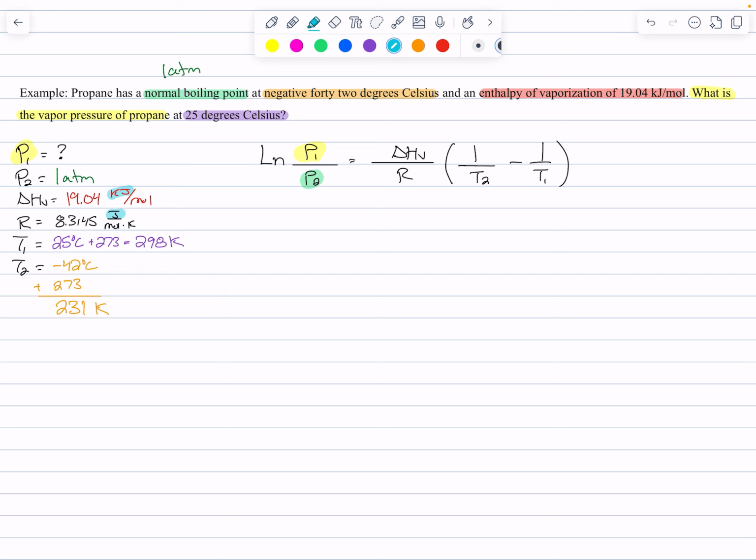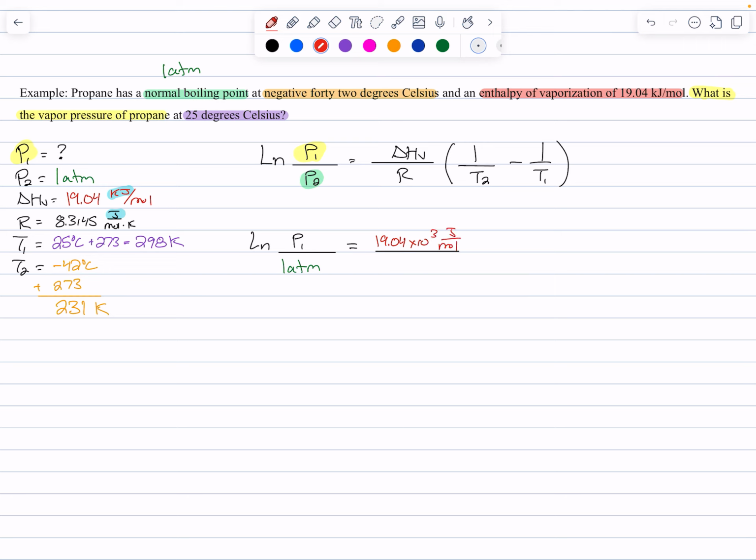So the natural log, we're looking for P1, over P2 which was 1 atmosphere, equals 19.04 times 10 to the third joules per mole.